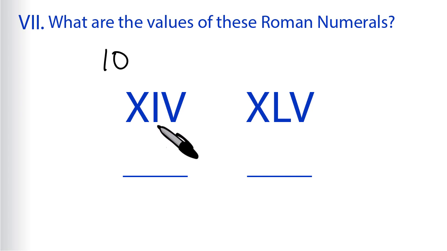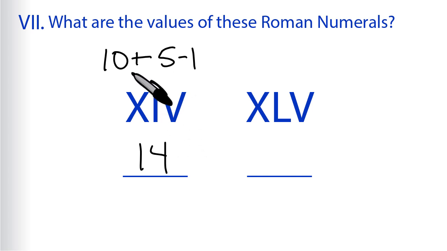It seems at first that we would add the I because it's less than the X, but it comes before the V. So we add this whole part, but we're subtracting the 1 from the 5. So 5 minus 1 is 4, and so we add that to the X, which is 10. So we have 10 plus 4, equals 14.